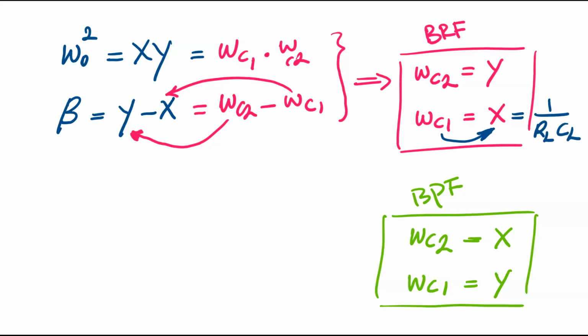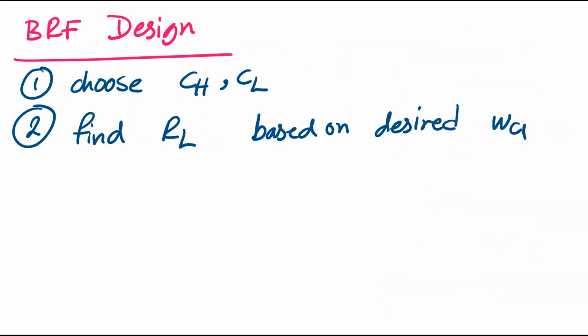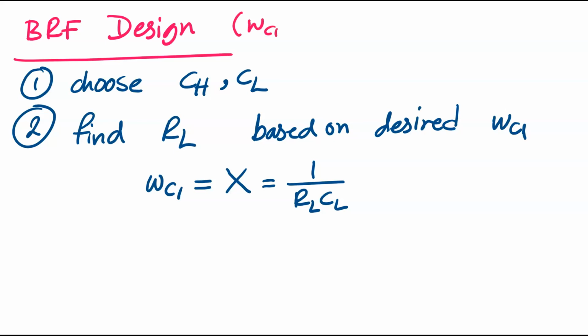So according to this equation, I can calculate my RL. In order to find RL, the equation I need is omega C1 equal to the cutoff frequency of my low pass, which is 1 over RL CL. I've already chosen my CL, and I know the cutoff frequency because I'm designing a filter knowing that I need omega C1 and omega C2 for my circuit.